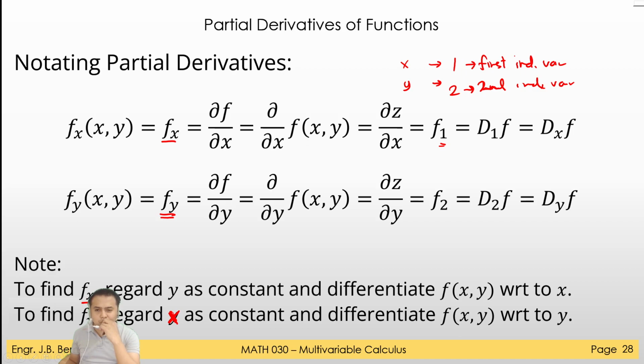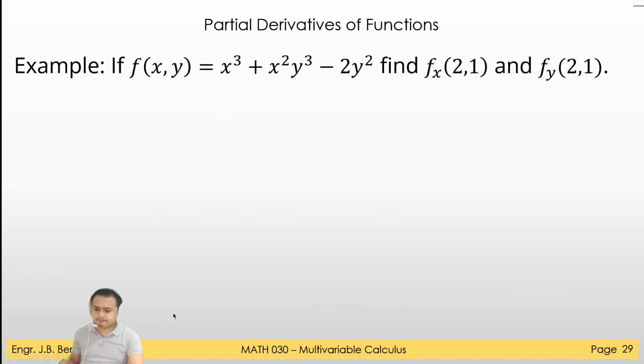Okay, so for example, here, if we have this function, find the partial derivative with respect to x and with respect to y. If you want to find the partial derivative with respect to x, we are just finding the derivative with respect to x. The derivative of x cubed is 3x squared, and then we regard this as a constant, so we just differentiate this and this.